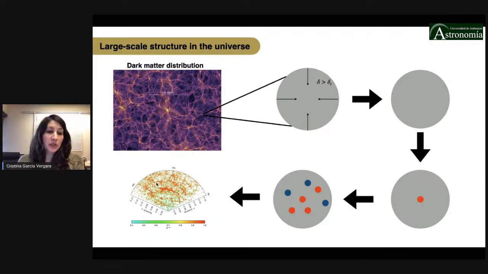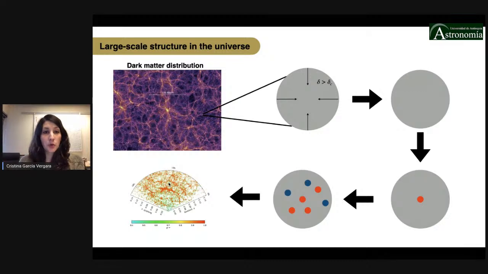I also showed you the distribution of galaxies in our local universe, which I'm showing here based on the Sloan Digital Sky Survey data. And you can now understand that it is a very complex process to really interpret what we are seeing here, because we need to understand the growth of structure over time.